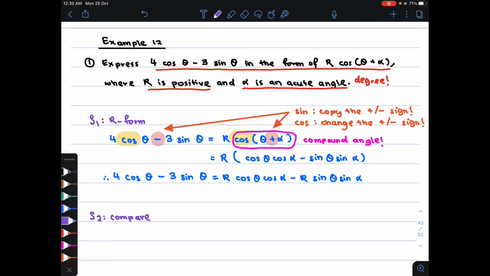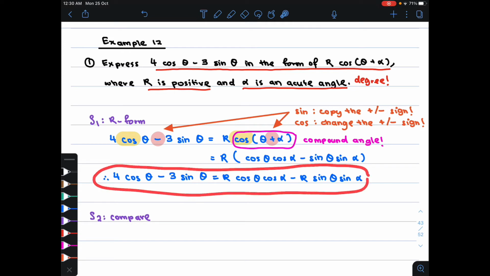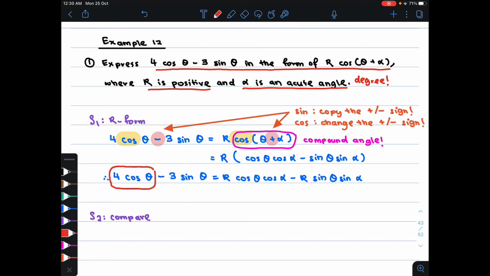Step 2 is to compare. So you need to compare this equation. Here we have 4 cos theta. On the right hand side, find the terms that has cos theta. The term that has cos theta is this term. So you need to compare 4 cos theta with r cos theta cos alpha.